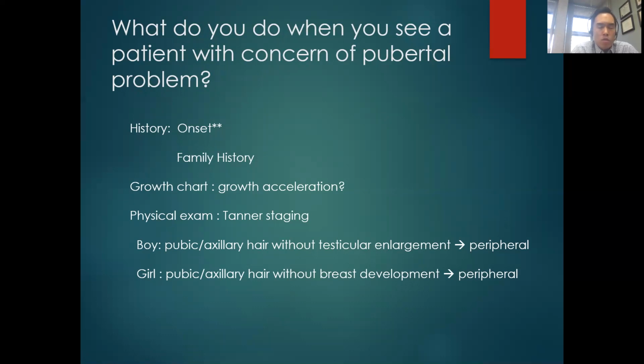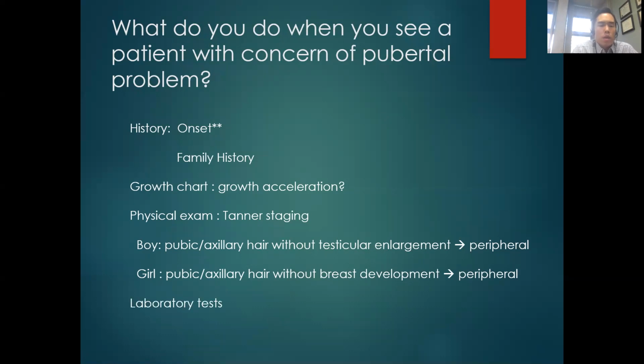A complete physical exam, not just Tanner staging, but you will pay attention to the Tanner staging. And again, if you only see pubic or axillary hair development without testicular or breast development, that is not considered central puberty, right? So it indicates that the androgen comes from a peripheral source, which most commonly is the adrenal gland.